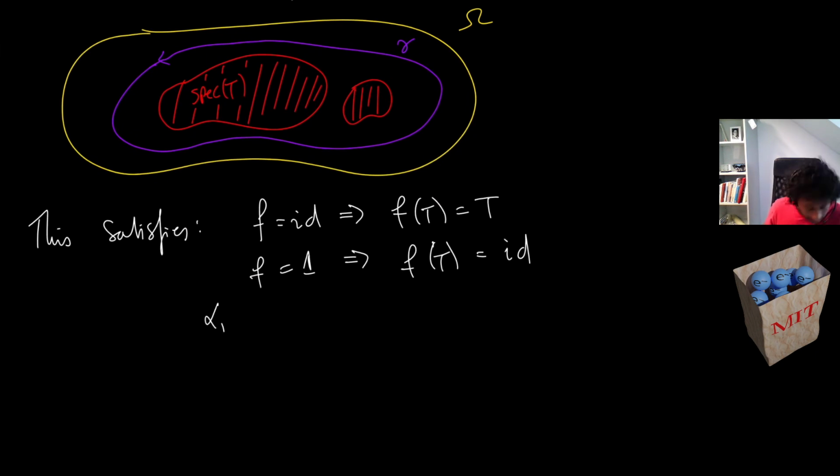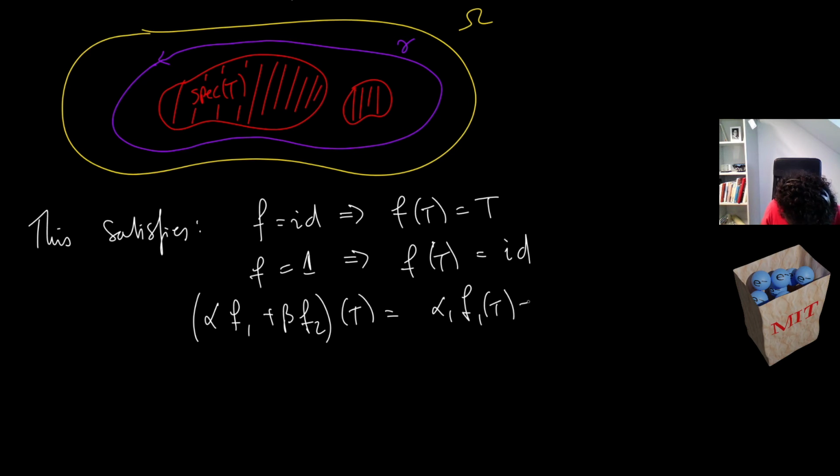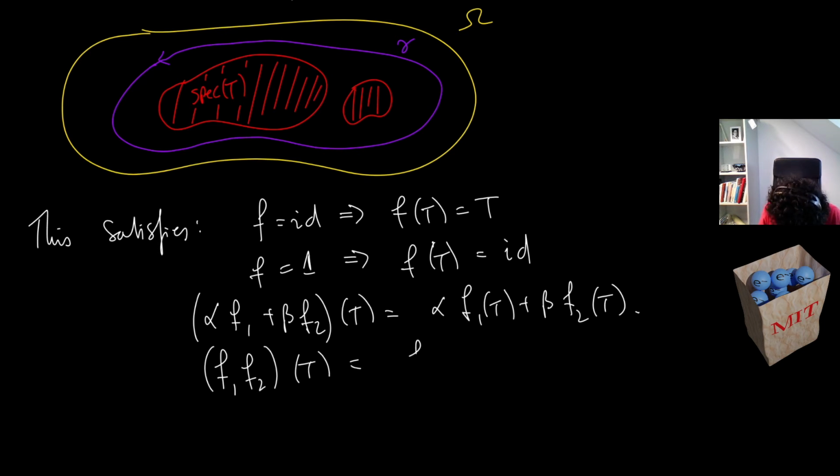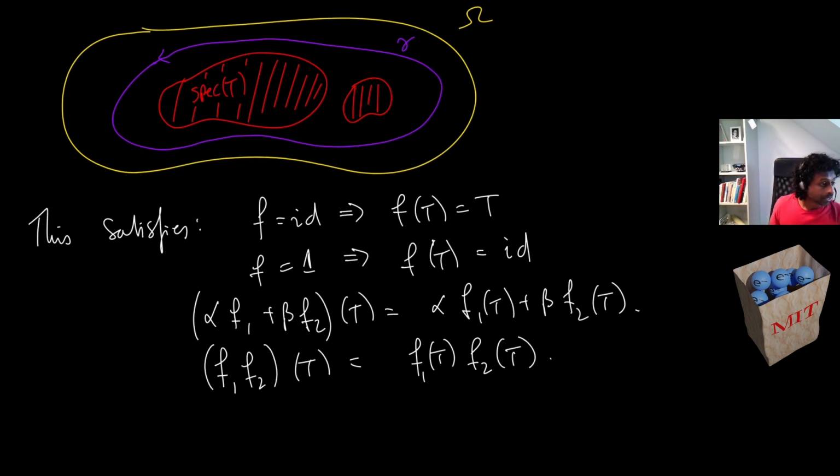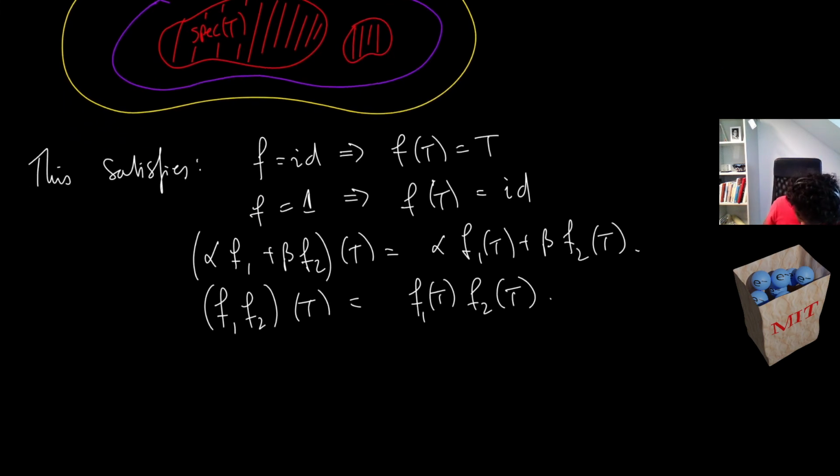Linearity: alpha f1 plus beta f2 of T is equal to alpha f1 of T plus beta f2 of T. And for the product, f1 f2 of T is equal to f1 of T times f2 of T. Amongst other things, right?